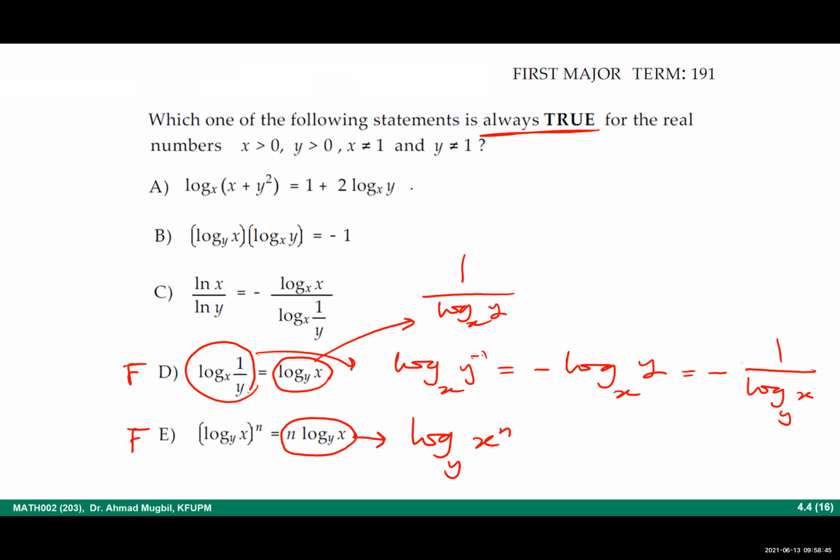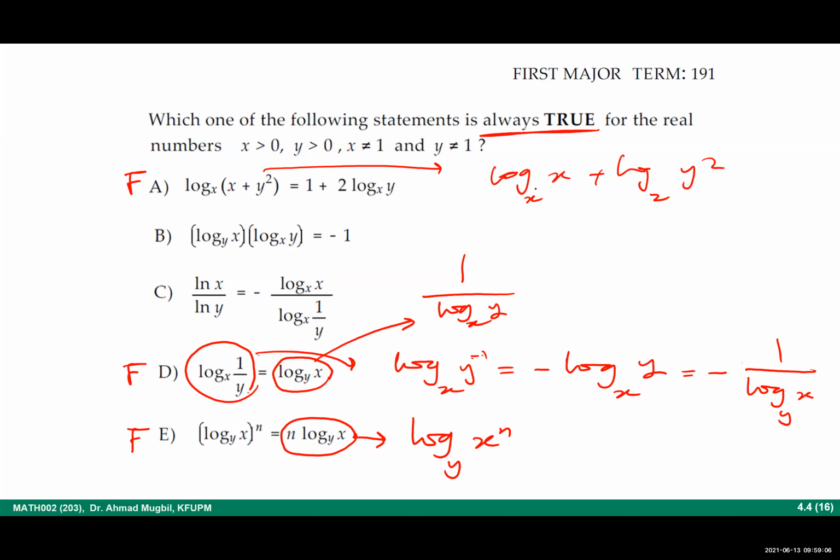Let me go to A. A is false because here what he did, he distributed the log over the sum. So what he said is that this is log x plus log y. Is that true? Is this equal to log with the same base of x plus log x of y squared?